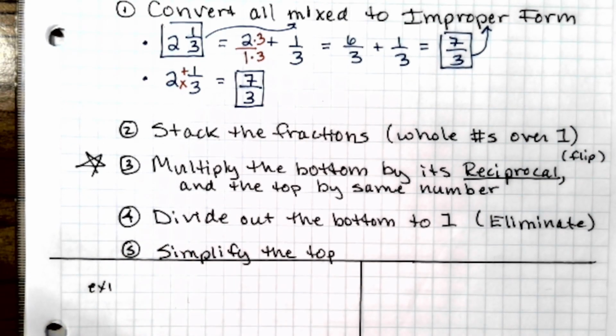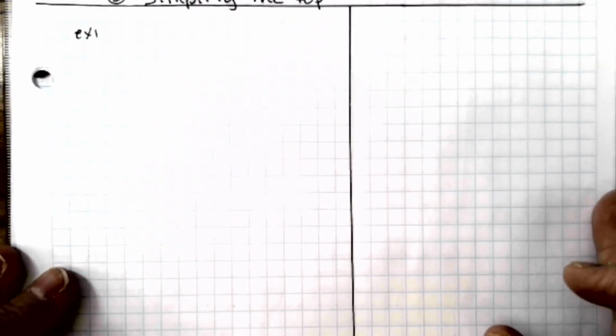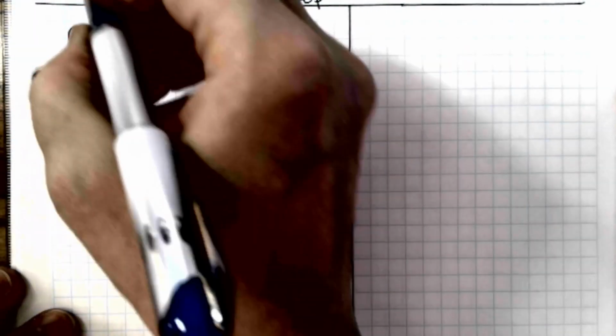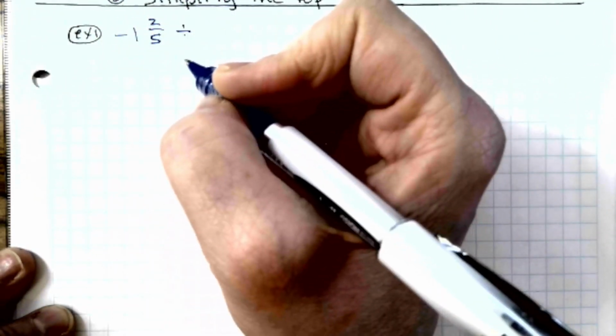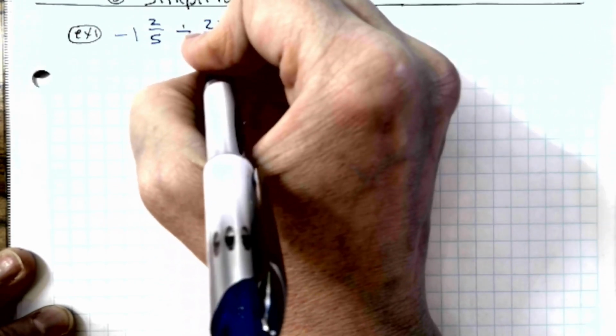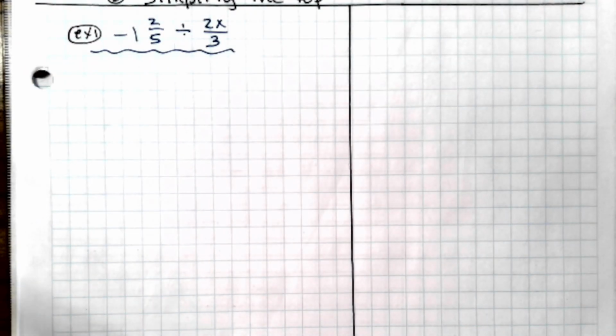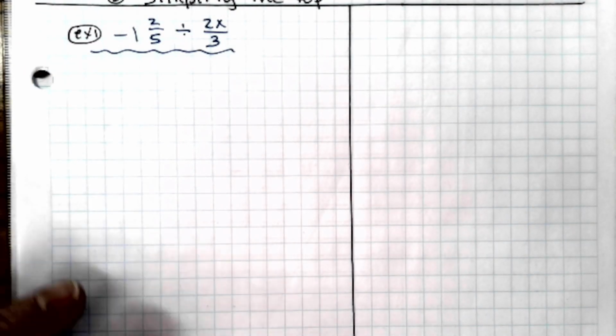All right, put a line down the middle. We're going to do 2 examples. So here's the first one. -1 and 2/5 divided by 2x over 3. So the first thing you need to do is to convert the mixed number to improper.